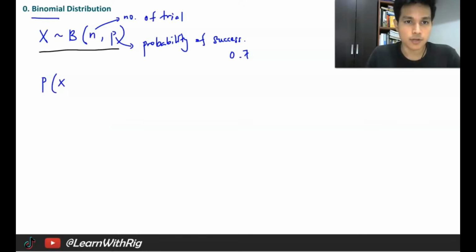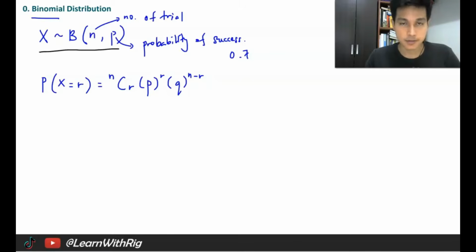So now we are finding P(X = r), and the formula is going to be nCr, p to the power r, and then q to the power n minus r. Again, it's going to be confusing for now, but don't worry, when we go through the examples you'll understand.